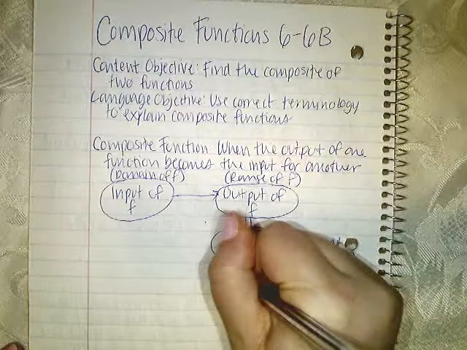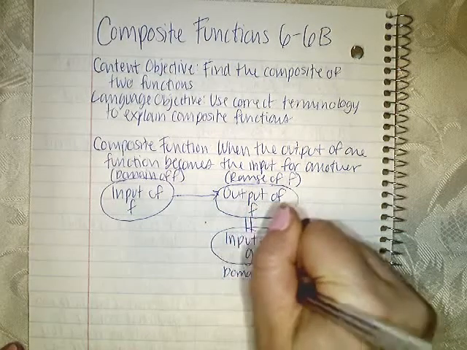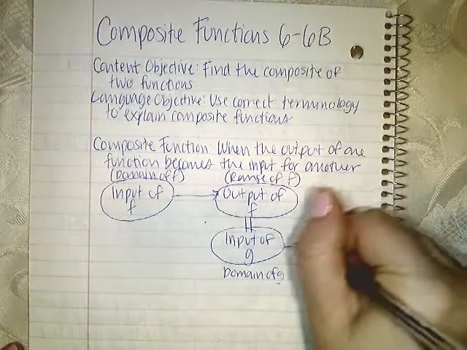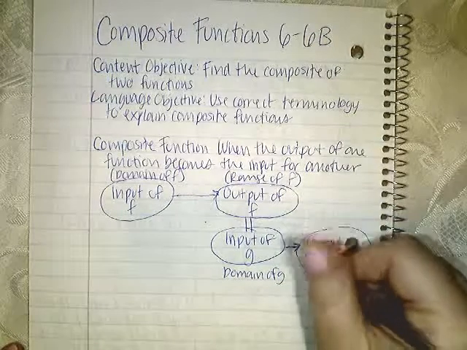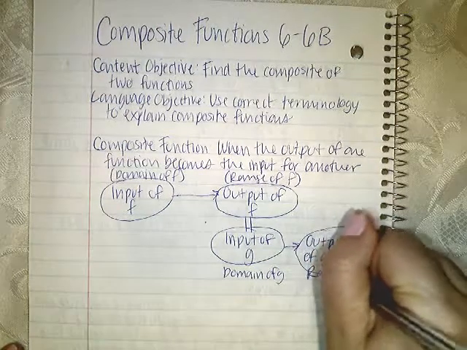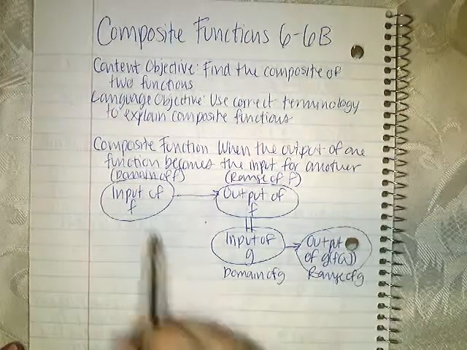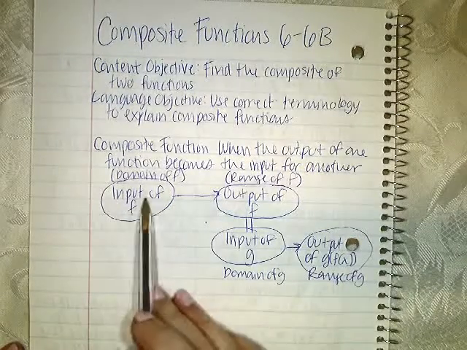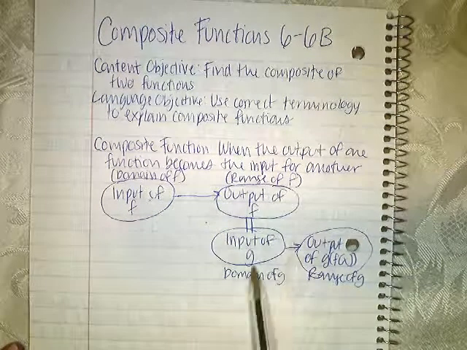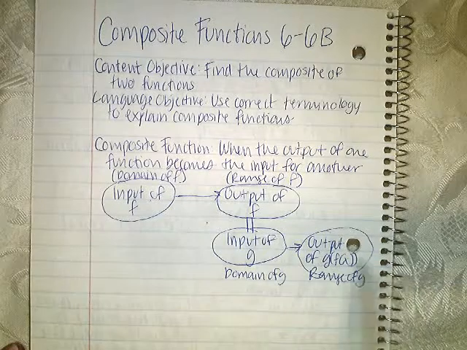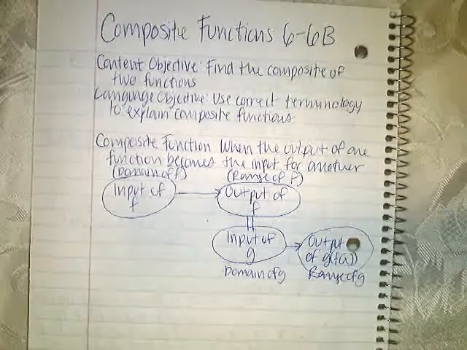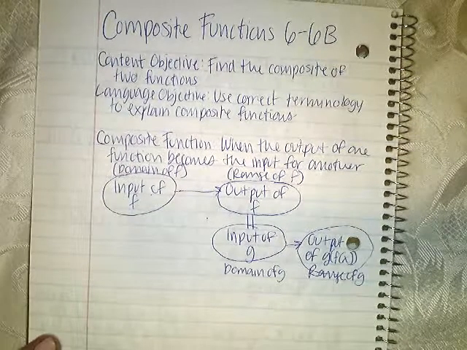So this is the domain of g, and this one right here will end up being the range of g. Again, you take one function, plug stuff in, you get an output. That output is then plugged into the other function, which then gives us the final output, which is the final range.